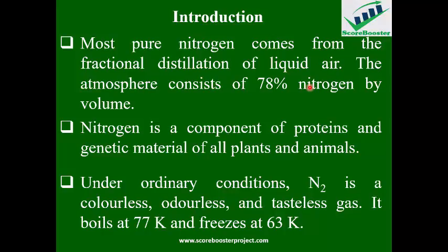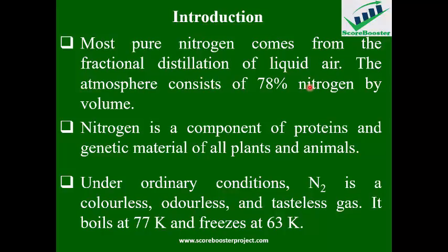What we are trying to say is this: if you have a square mile, let us assume that we have 100 tons of air. So 78 tons is going to be nitrogen. You can see how large it is.